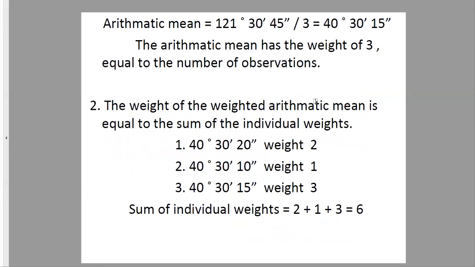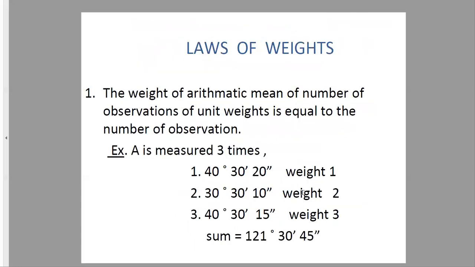So how will we calculate this? We'll calculate using this. For the arithmetic mean, the values are simply added and divided by 3. But for the weighted arithmetic mean, we'll multiply the values with their weights and then add them, and then divide by the sum of weights. So this is the basic difference between the weighted arithmetic mean and the simple arithmetic mean.